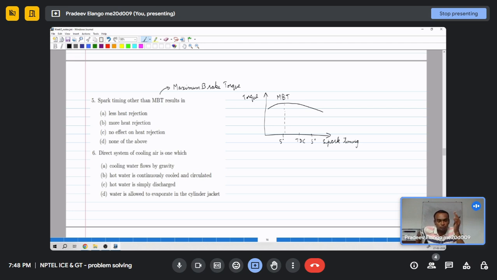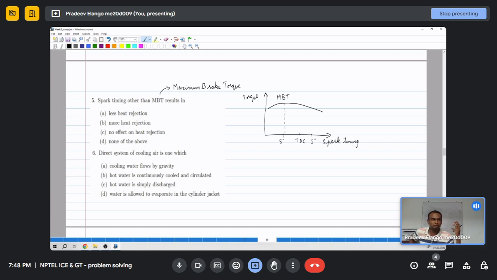And similarly, if you keep on retarding, the combustion will start very late. In the ideal case, we have combustion at TDC and then we have more efficiency. But what will happen if you keep retarding the timing? The combustion will start late, and then you will have less time for expansion, or less crank angle for expansion.